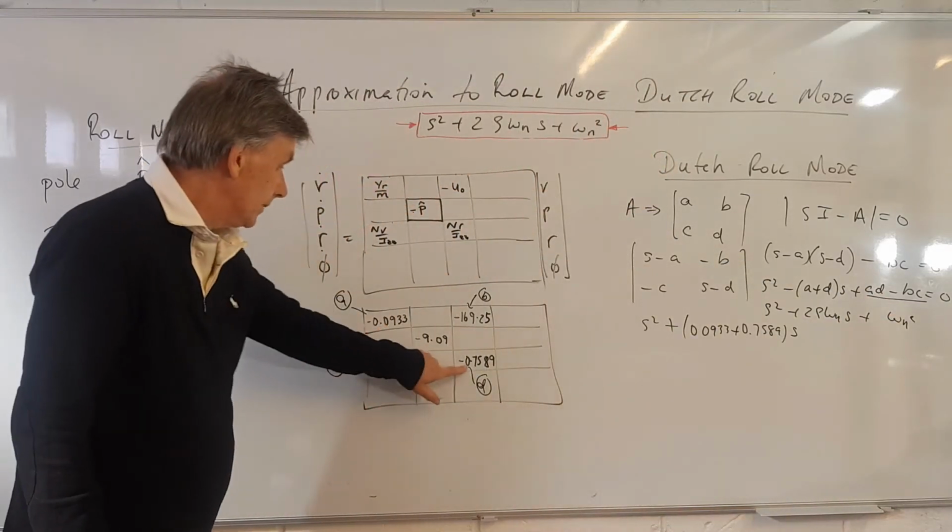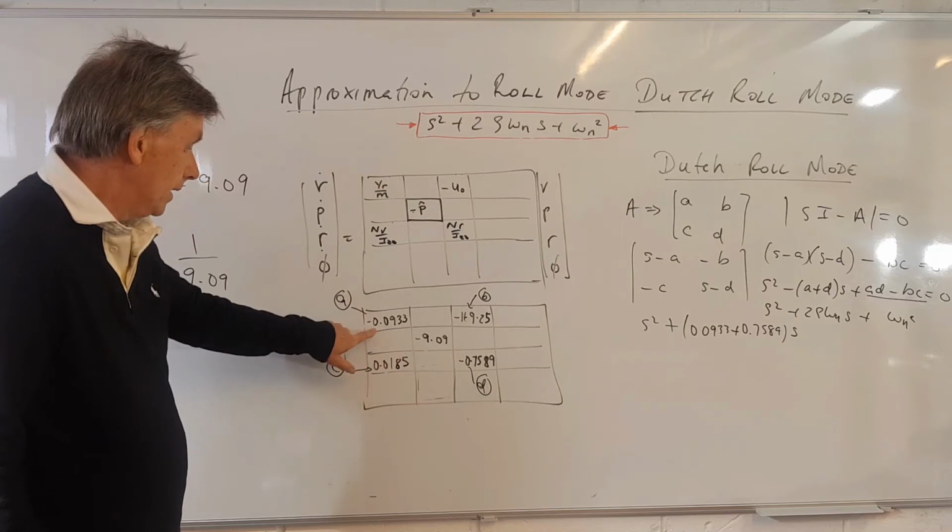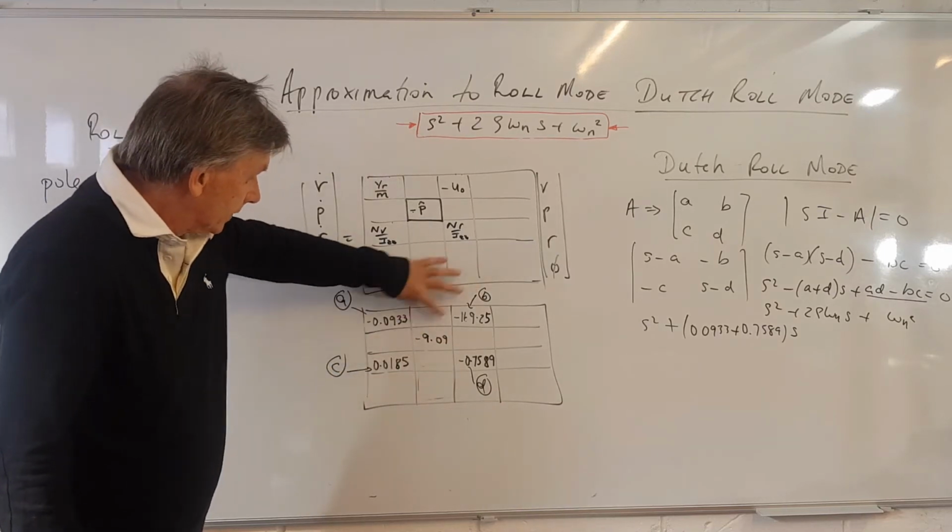And then this part here is fairly straightforward to get. It's just going to be this times this minus this times this. So again, minus times minus is a plus, minus times minus is a plus.